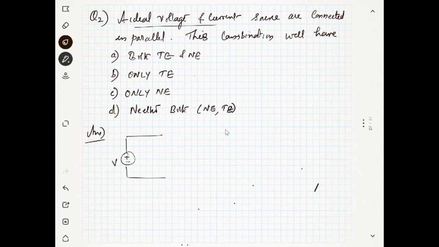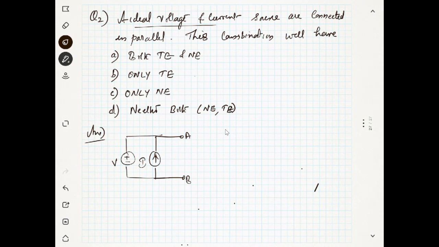And there is an ideal current source, which is connected in parallel, and these are the points A and B. You want to find the equivalent. This is I.